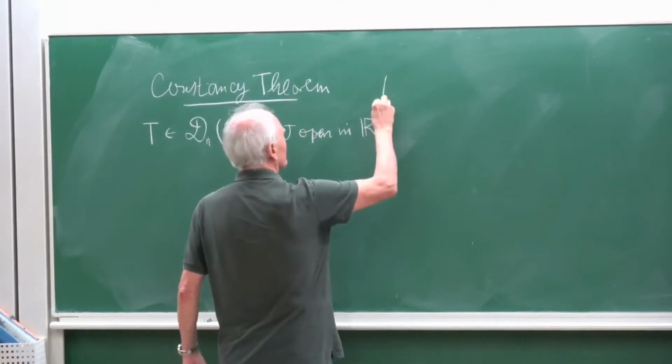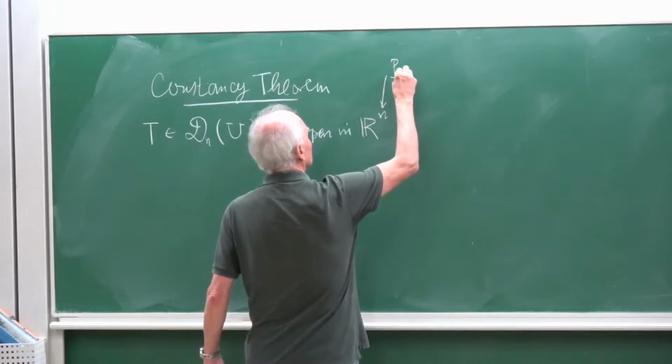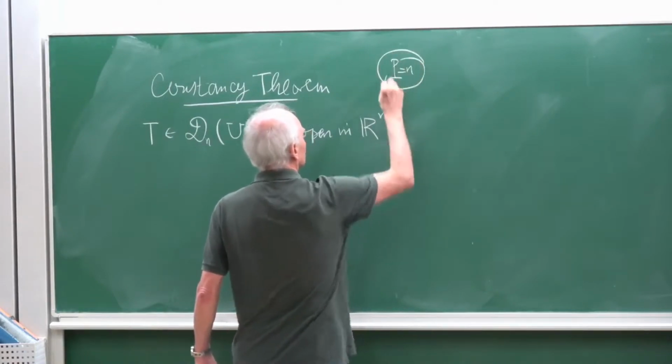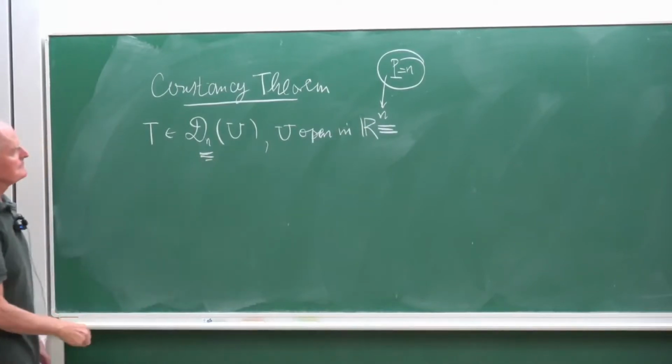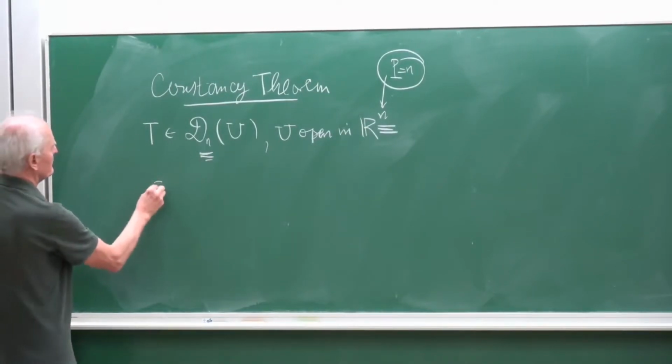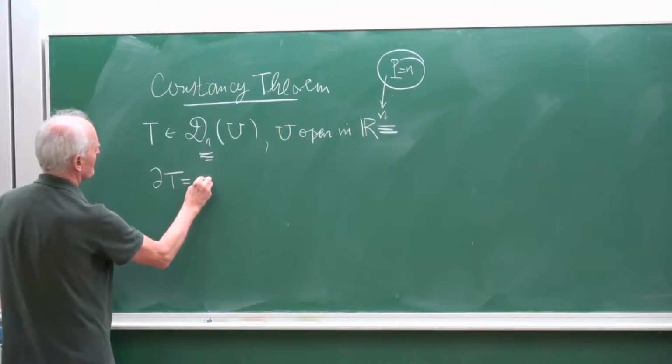Notice that in this case n equals p equals n, same n. And the boundary of T equals 0.